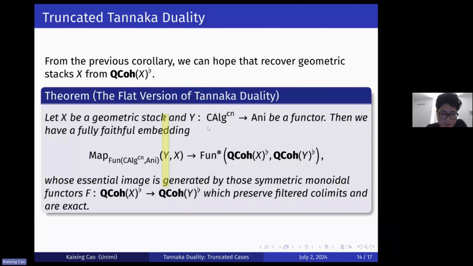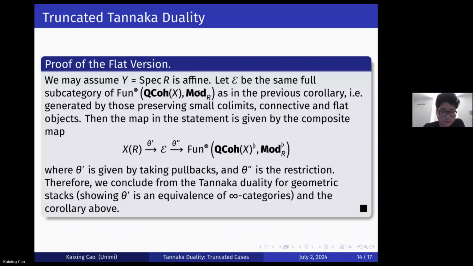So we may assume Y is just Spec R. Now E is a full subcategory of this guy, preserving the small colimits, connected and flat objects.